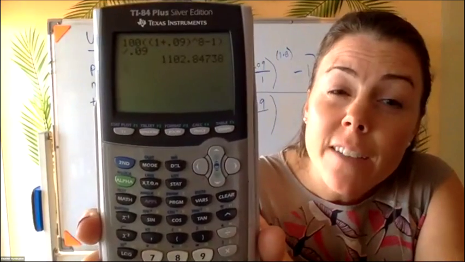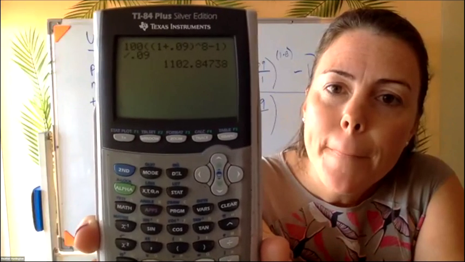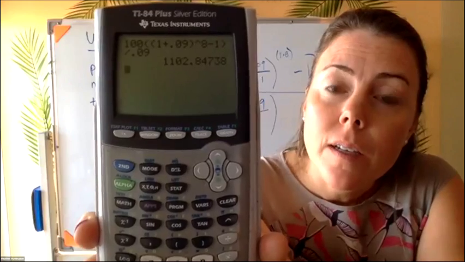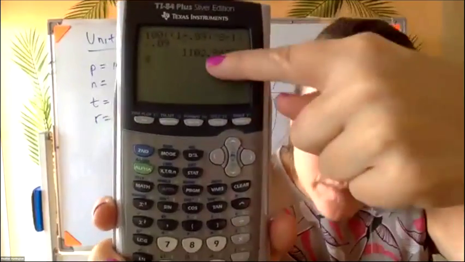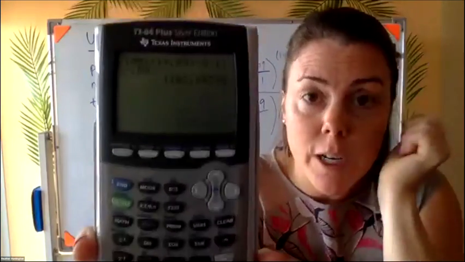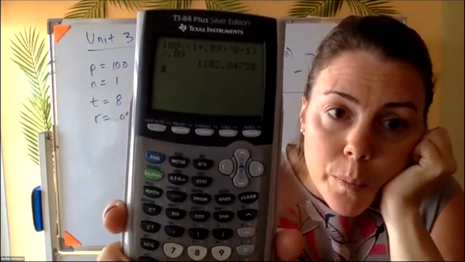And then I'm always going to ask myself, Sir, on your calculator, looks like 8 minus 1 is on the exponent. Well, the calculator knows PEMDAS. So it's going to do the exponent first, and then it does the subtraction. If you want to be safe, you can put 8 in a parenthesis. Okay.